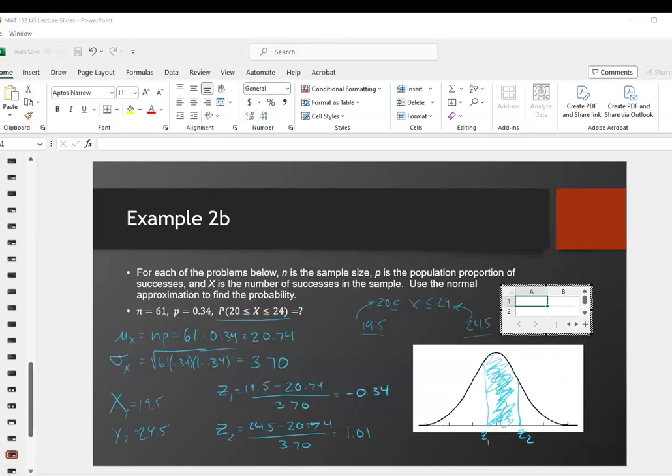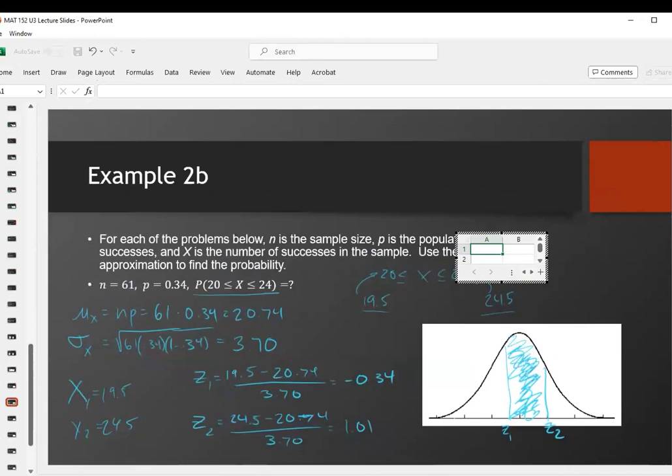To find the area between the two, we use equals NORM.DIST with the upper Z value, which is 1.01, minus the lower Z value, which is -0.34. That gives us an area of about 50%, 0.4768.